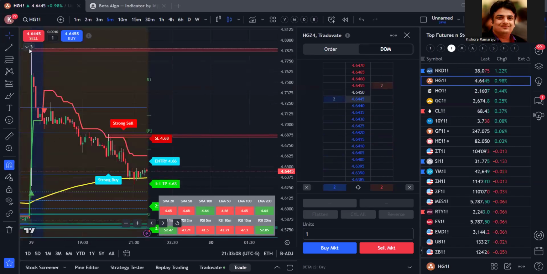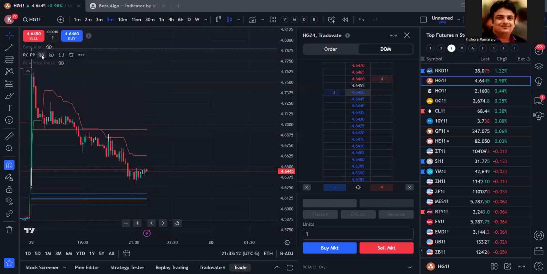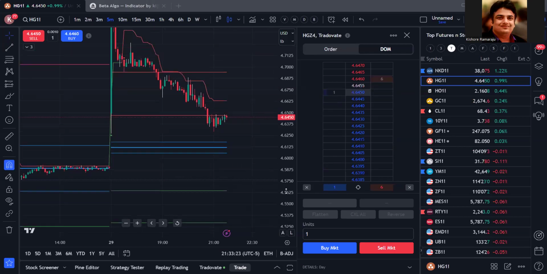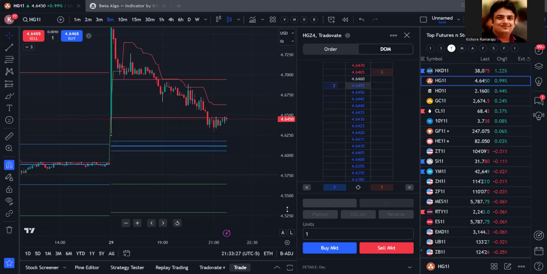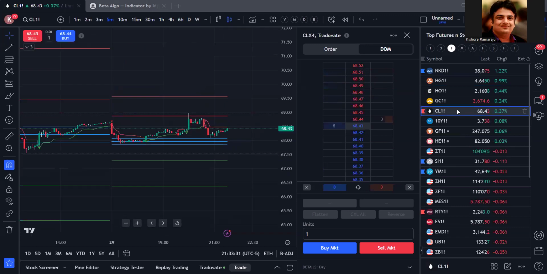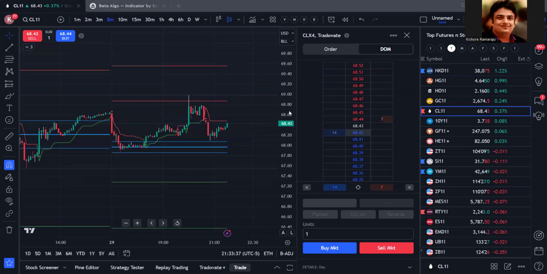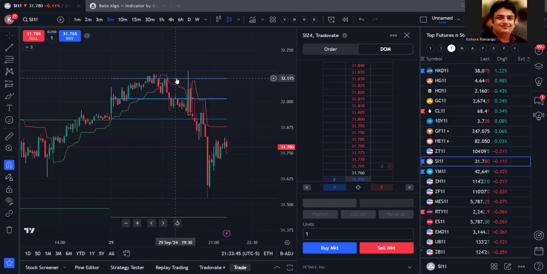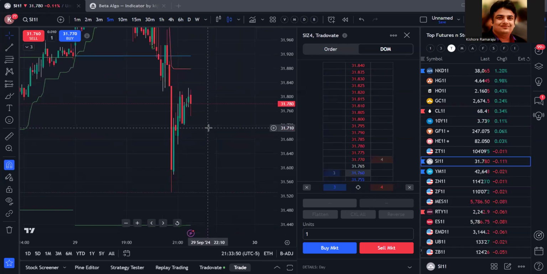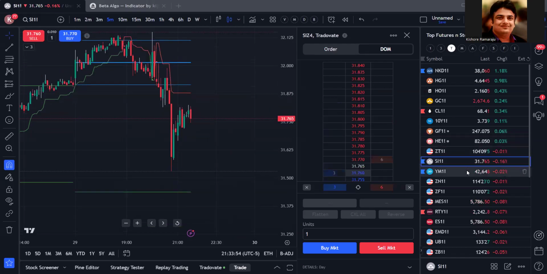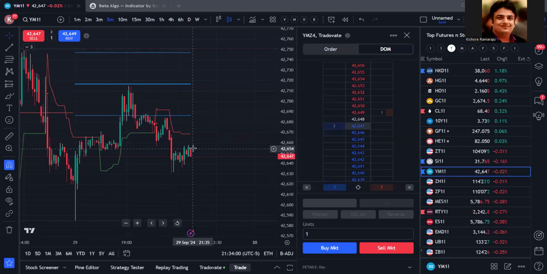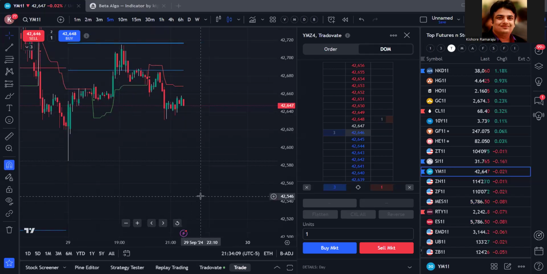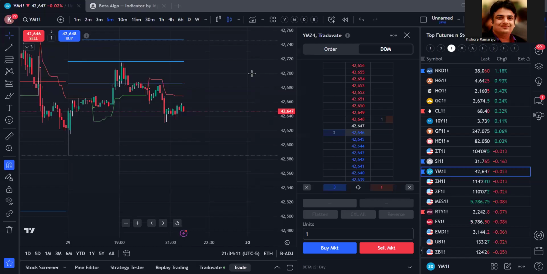So look where, whenever these lines are close to each other, that is where you will have big up moves and big down moves. So if you remember those rules, you will be successful.